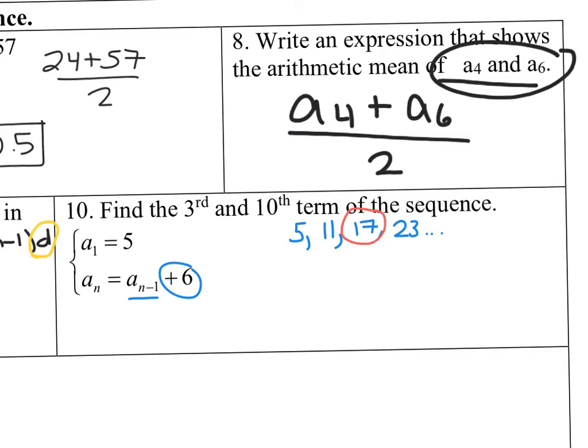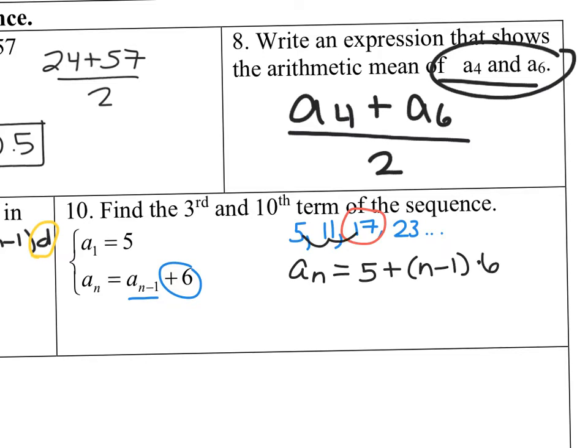So to find the 10th term, I could just keep adding 6, but I'm just going to show you how to write an explicit formula right here. So it's going to be a sub n equals a sub 1, which is 5, plus n minus 1 times the difference, which is 6.